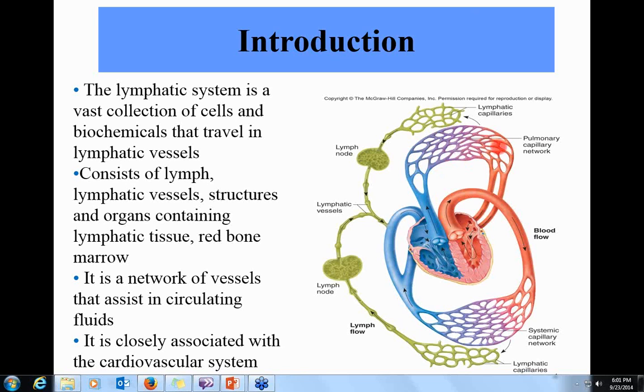If you remember the arteries and capillaries and veins, it's no coincidence that the lymphatic system begins with the lymphatic capillaries, and it continues in a one-way circulation all the way back to the subclavian vein in the cardiovascular system. So again, this is closely associated with the cardiovascular system.